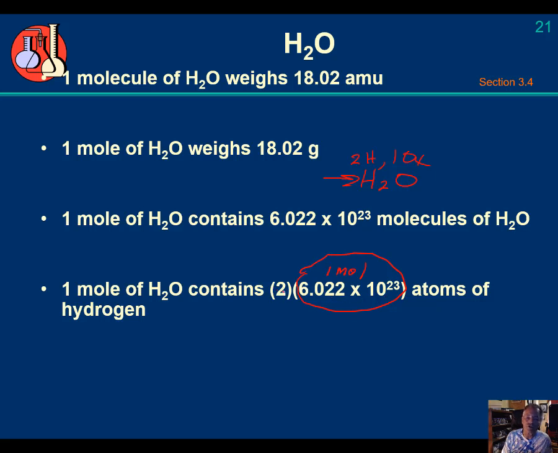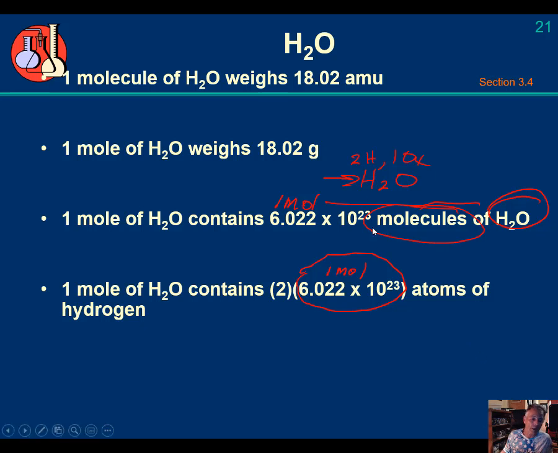In this case, 2 atoms of hydrogen. And 1 mole of water contains Avogadro's number. So we're talking about 1 mole of water molecules. These guys right here, molecules of water.